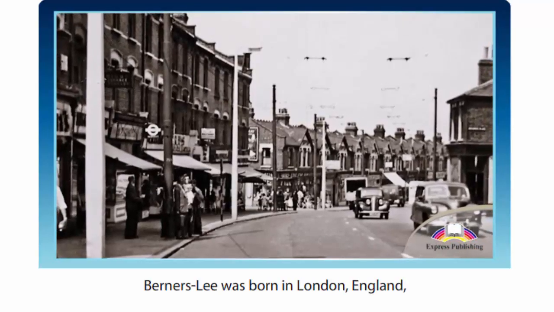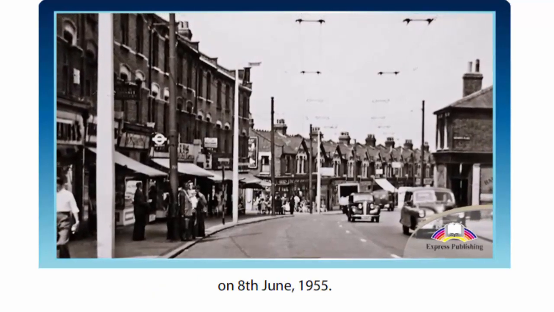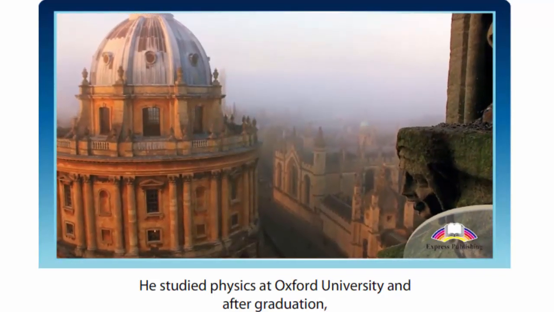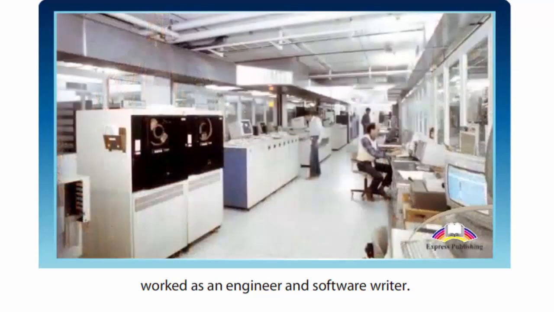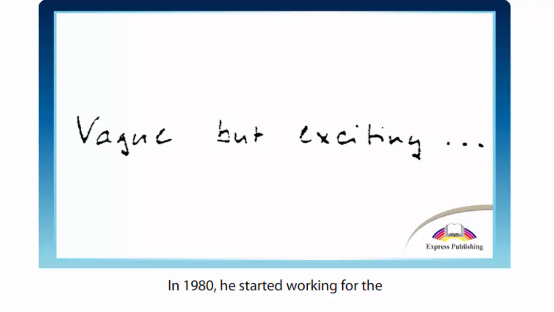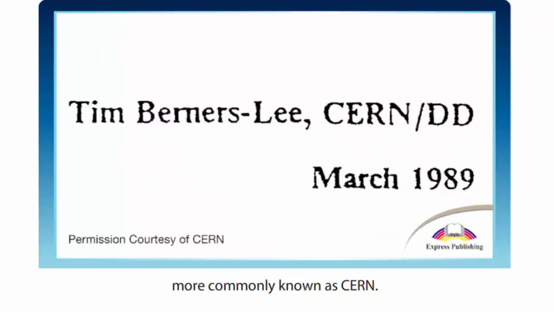Berners-Lee was born in London, England, on the 8th of June 1955. He studied physics at Oxford University and after graduation worked as an engineer and software writer. In 1980, he started working for the European Organization for Nuclear Research, more commonly known as CERN.